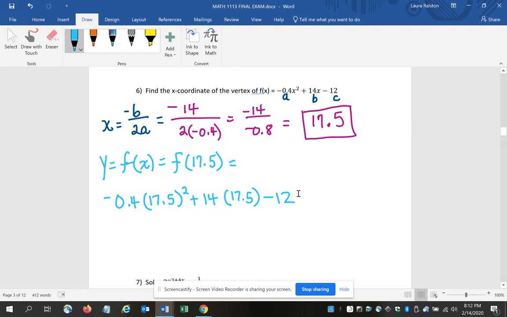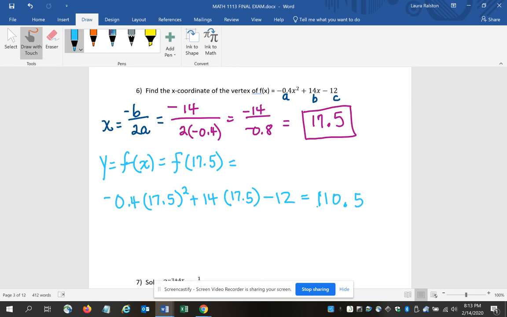And when you do those calculations, you get a value of 110.5. And that would be the y value or the y coordinate of your vertex. You weren't asked for that, but in case you might see that on the final, that way you'll be familiar with how to do that.